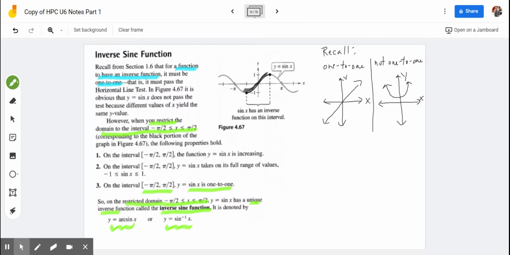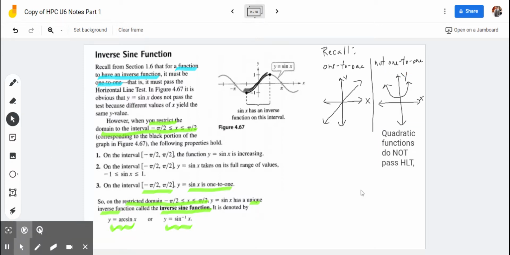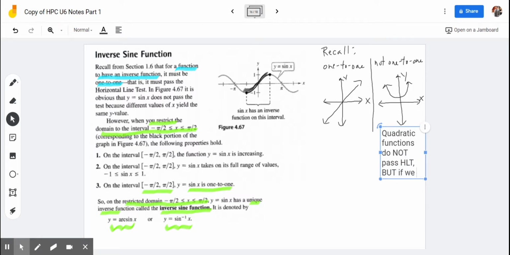Okay, so similar to what we had with the quadratic function, any quadratic function that we have would not be 1 to 1, so quadratic functions do not pass a horizontal line test as is, but if we restrict their domain, they can.